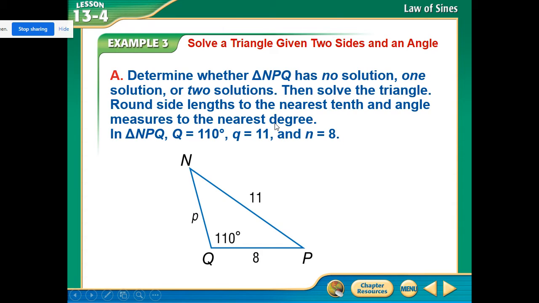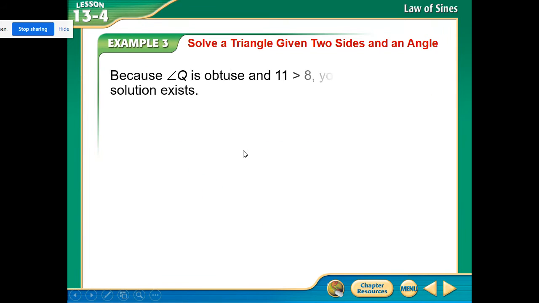To solve this triangle, again, we have our pair, our Q with Q here. And so that's what we're going to start comparing. But we have to find that H value. And that H value, remember, is the other side, the 8 times the sine of 110. So we're going to have to do that.